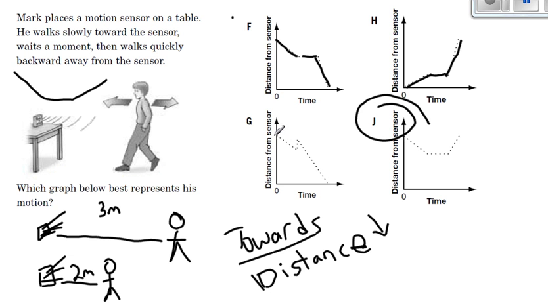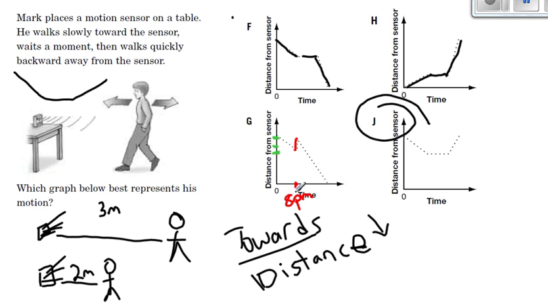Look at G. Towards, a vertical line towards. Well, not only is it wrong because it goes towards the sensor, but that vertical line is a real problem. Let me see if I can explain why. At this moment in time, let's pretend that this moment in time is 8 p.m. Where is Mark at 8 p.m.? Well, according to this graph, he's standing right here, but he's also standing right here, and right here.